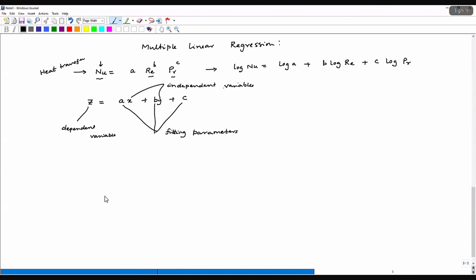So you can use the least square approach, right? So the sum of squares of error has to be minimized.